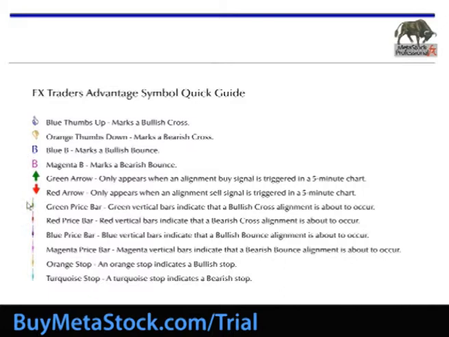The key to this whole plug-in is the red and the green bar. The red and the green bar signify alignment. What does that mean? It means that even though you're only looking at a 5-minute chart, the program is looking at 21 different time periods at the same time. And we'll look at what those time frames are in a minute.